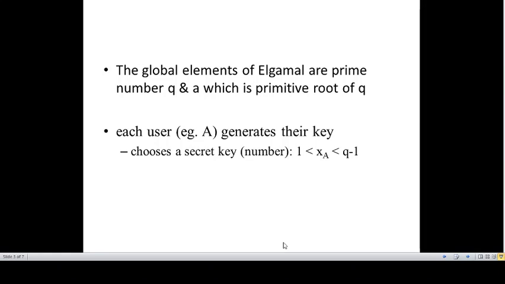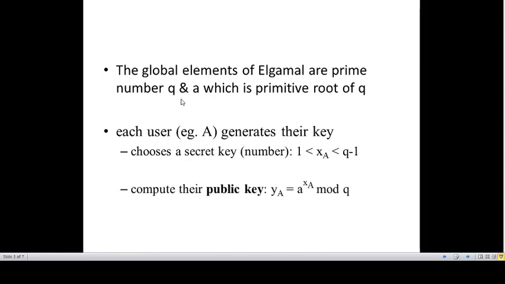The private key is generated by selecting a secret key, represented here as XA. XA is a random secret key selected by the user who is generating the key pair, and it works as the private key of that user. It is greater than 1 and less than q minus 1, where q is the prime number selected at the start.